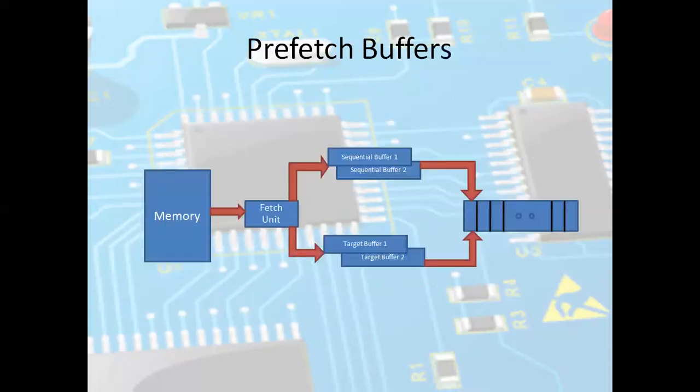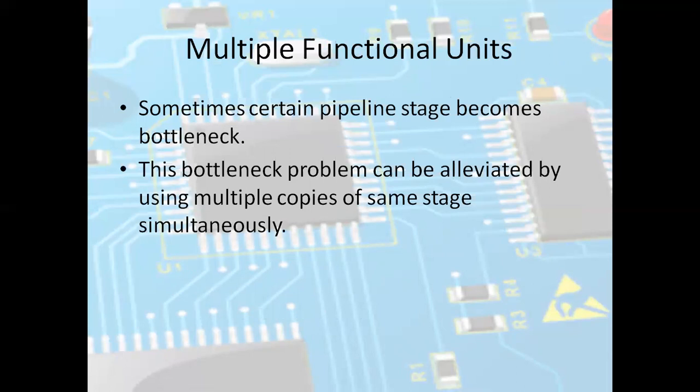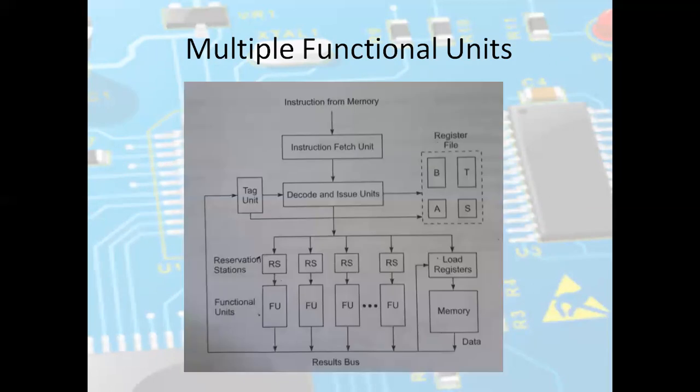This is an example of different types of buffers: sequential buffer and target buffer. The multiple functional units are used to remove the bottleneck problem, which can be minimized with multiple copies of the same stage working simultaneously. In this way we can represent how the multiple functional units can work.